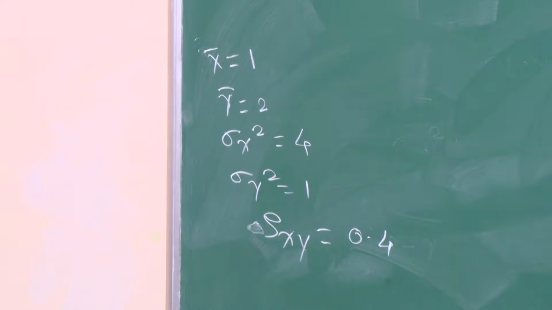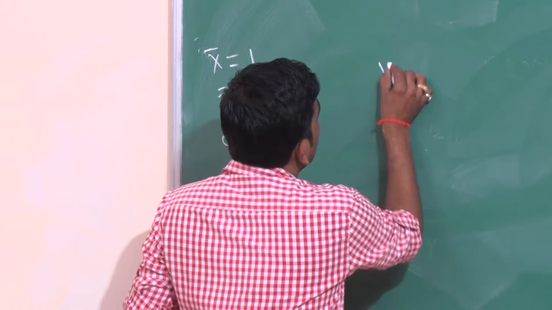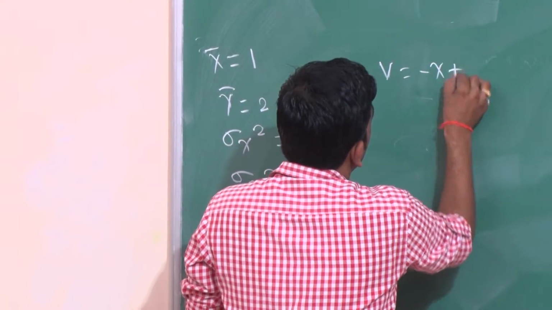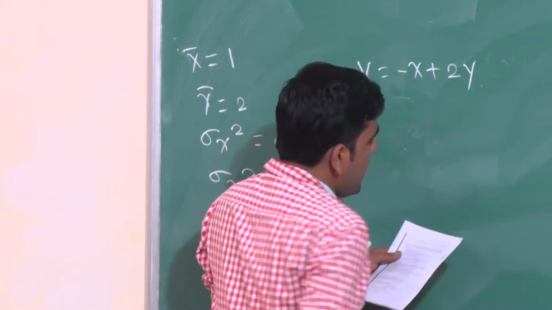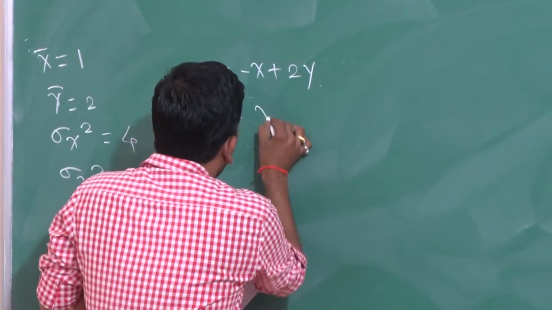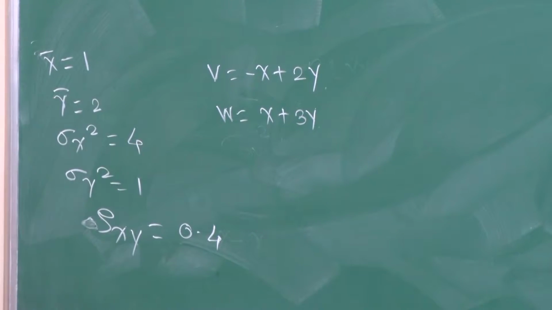New random variables v, that is equal to minus x plus 2y, and w equal to x plus 3y, these are the two random variables.